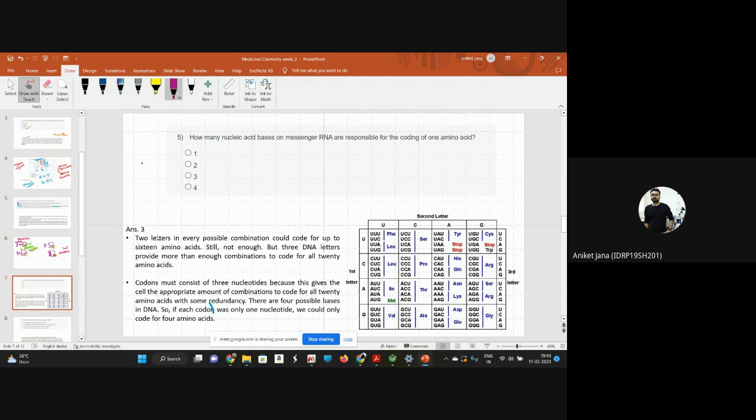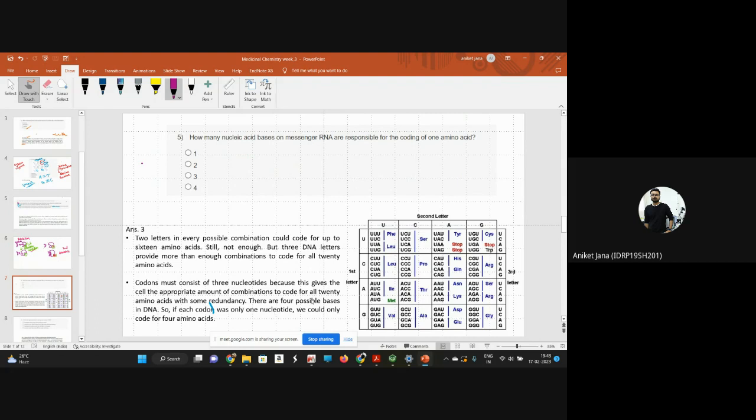Okay, so here is the probable explanation: two letters in every possible combination would code for up to 16 amino acids. Still not enough, but three DNA letters provide more than enough combinations to code for all 20 amino acids. Codons must consist of three nucleotides because this gives the cell the appropriate number of combinations to code for all 20 amino acids with some redundancy.